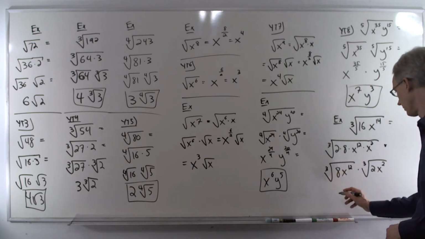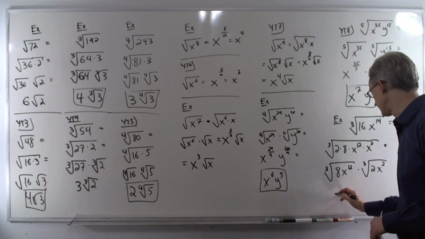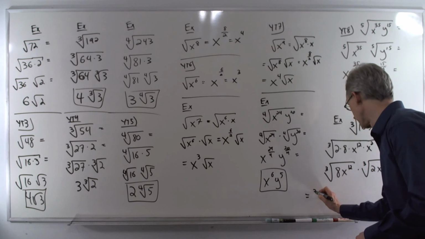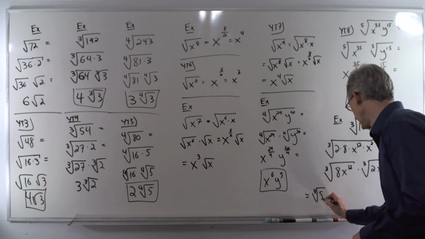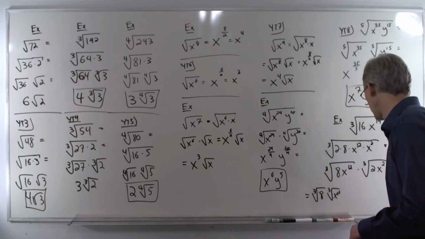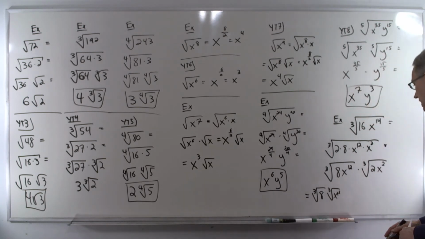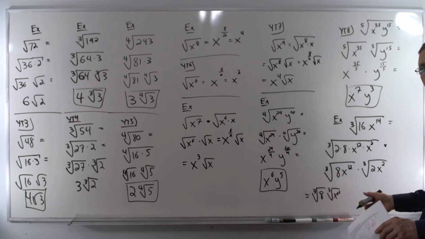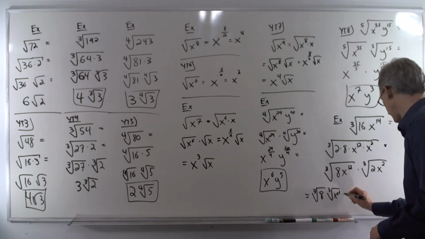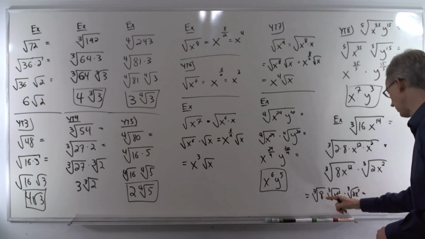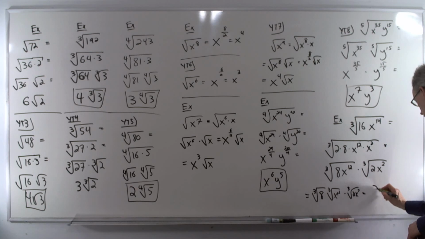So over here, for the third root of 8, technically what we should do is split this up so that we get the third root of 8 times the third root of x to the 12th power, and then do each of them individually. Oftentimes this step is skipped, and that's fine with me if you want to skip it. All right, now we'll evaluate each of these. Third root of 8 is 2.